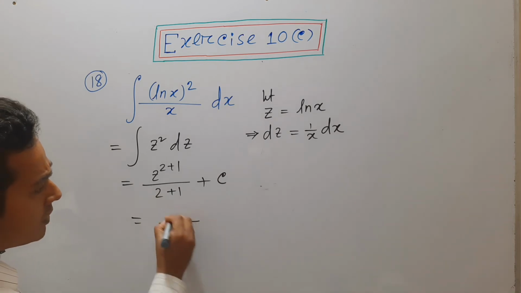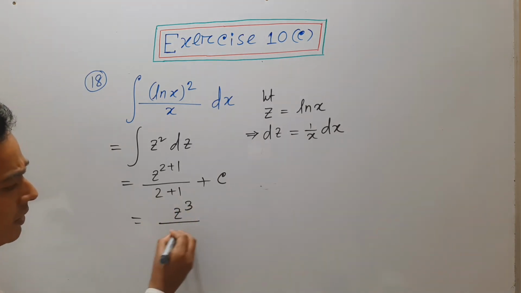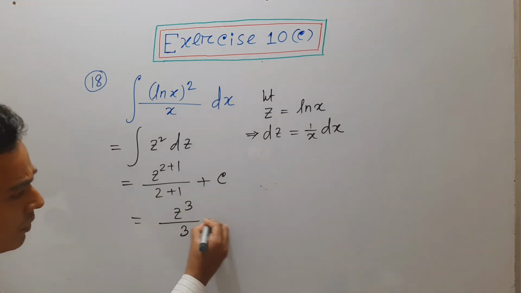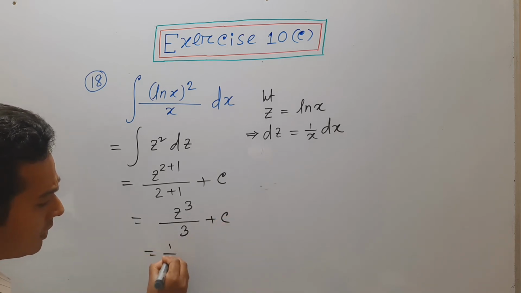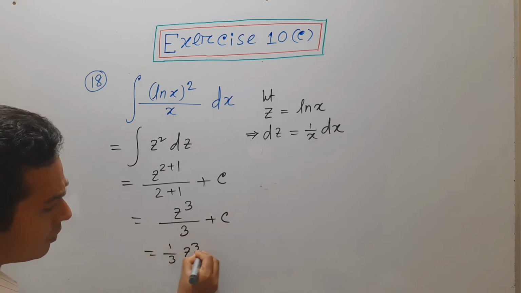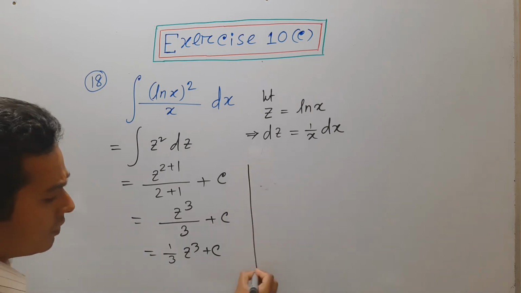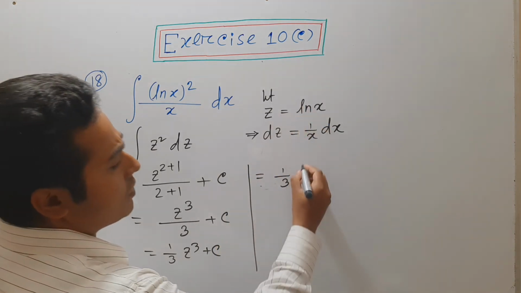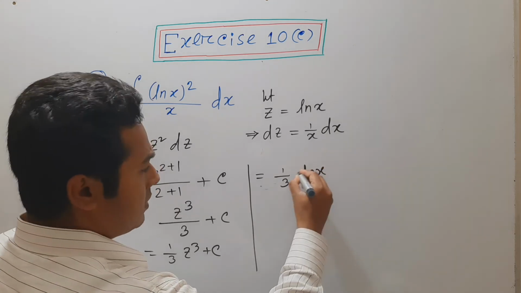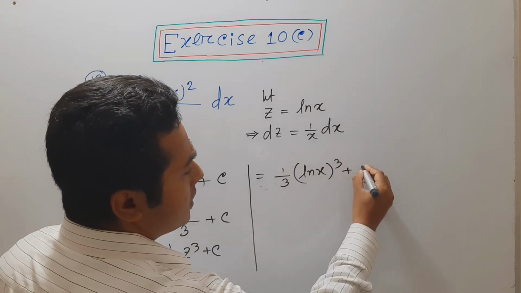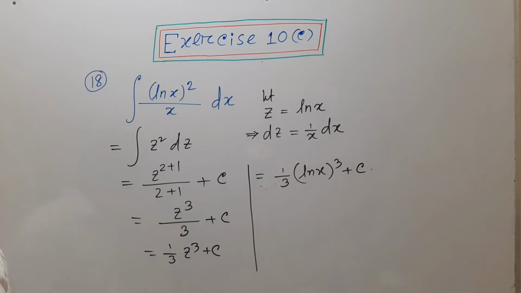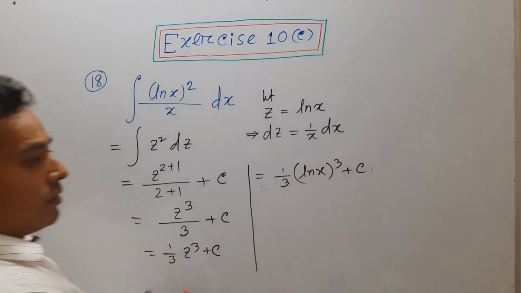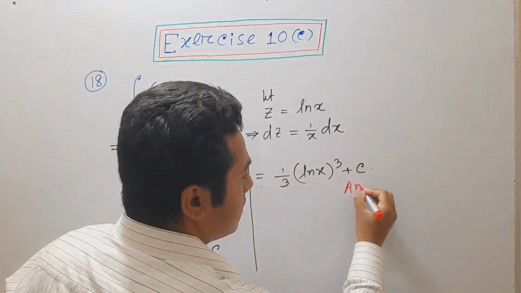So z cube divided by 3 plus c. Here 1 by 3 z cube plus c, so it is equal to 1 by 3 ln x whole cube plus c. Okay, this is our answer.